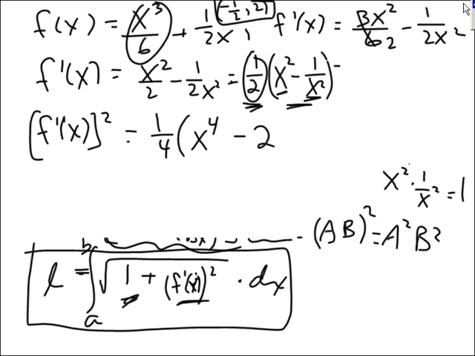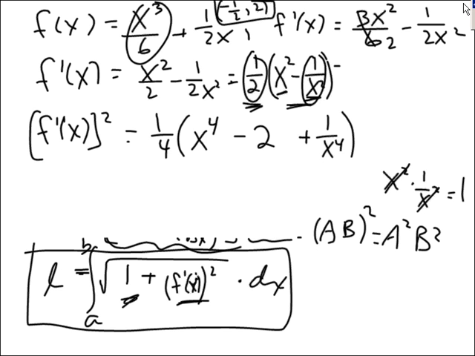But that's just 1 because the x squares cancel. So it's minus 2 times 1, which is minus 2. Plus, you get the second squared, which is 1 over x to the 4th. Okay, and 2 times 1 is 2, so I'll erase the times 1.